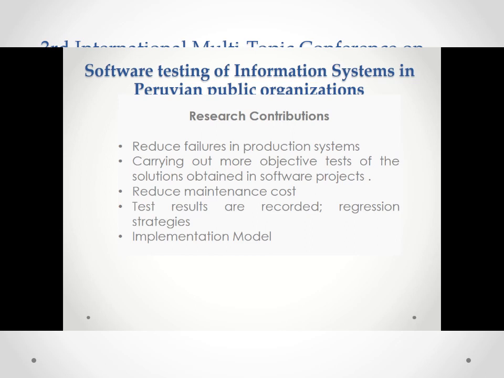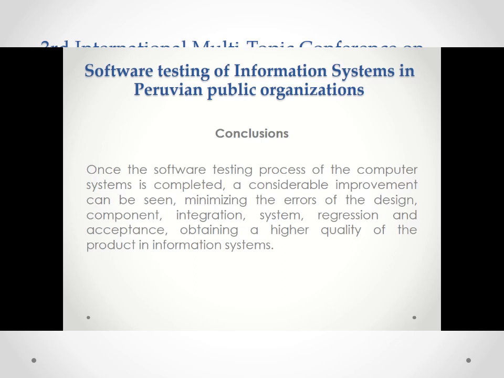So their contribution is to reduce the failures, to have more objective tests and reduce the maintenance cost. So test results are recorded with regression strategies, and so the implementation of the model.